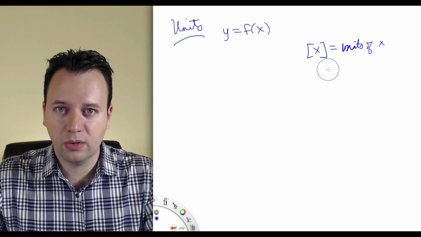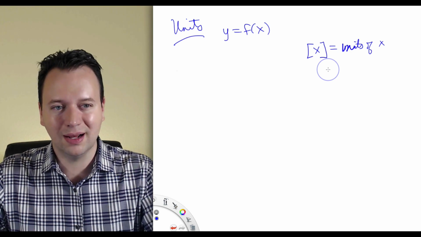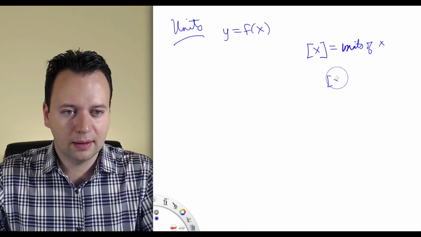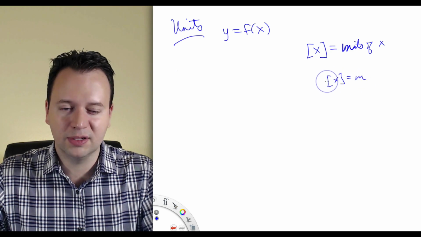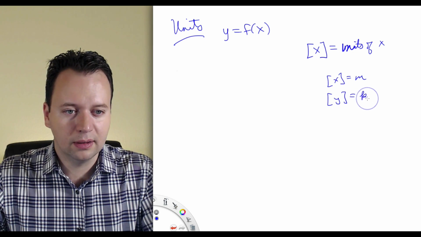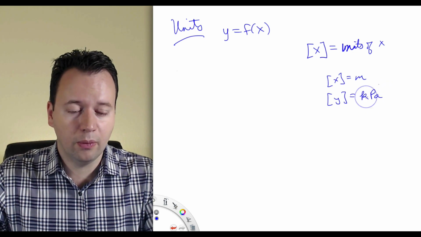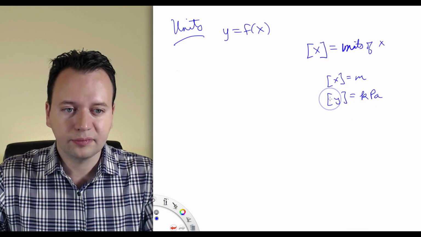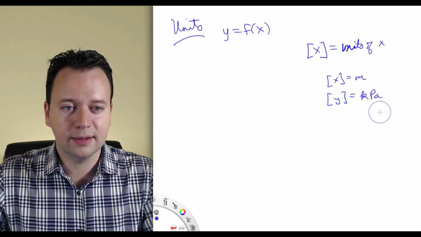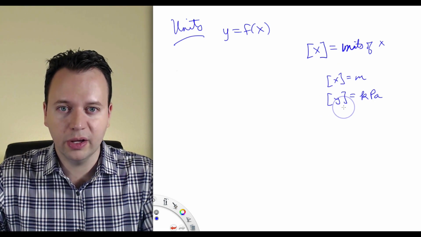It's context dependent. So if you're talking about units and I write something like x is equal to meters, I'm saying the units of x is equal to meters, maybe. y is equal to kPa, kilopascals. It's a unit of pressure, 1,000 pascals. The units of y are kilopascals. So I'll just use these square brackets for the moment to denote the units.